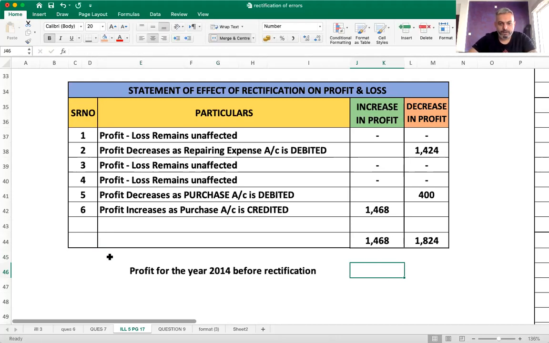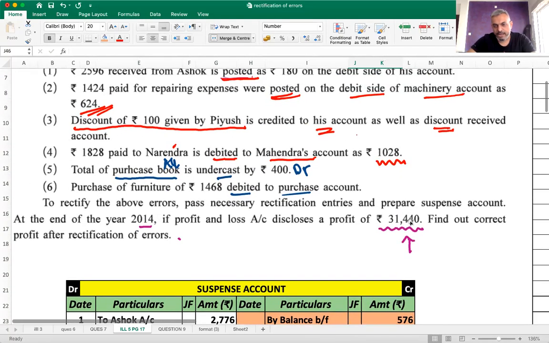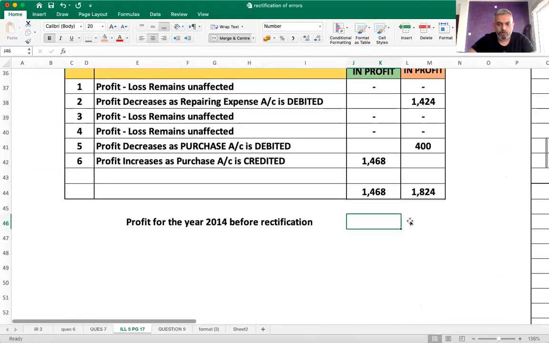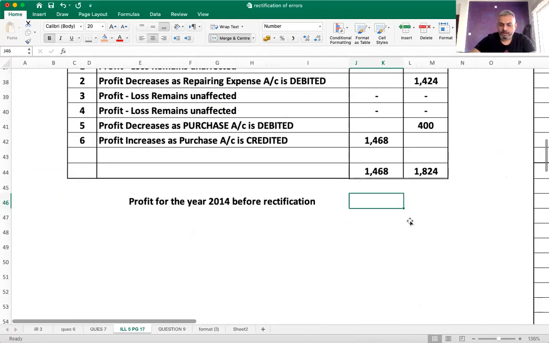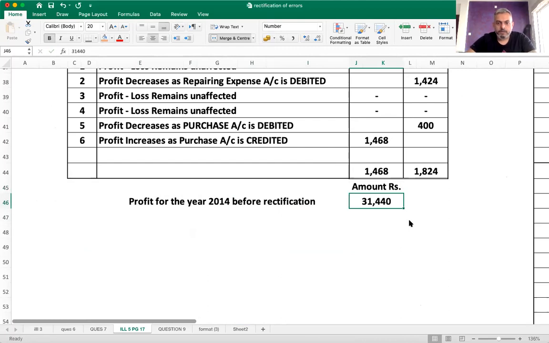Now, what was given? Profit given in the question. Come to the question. Is 31440?